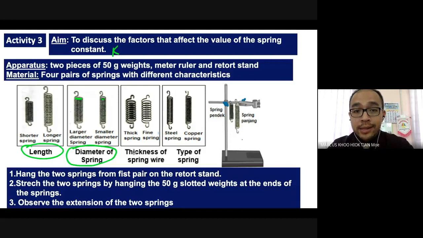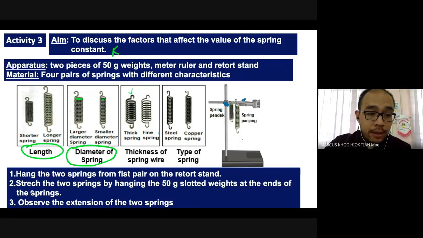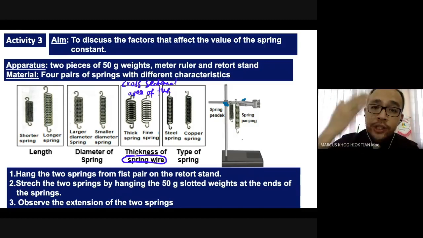The third one is the thickness of the spring wire. Okay, ini adalah tebal, ini adalah nipis. Now, please write a note in there. The thickness of the spring wire, sometimes my mistake, sometimes it's also known as the cross-sectional area of the spring wire.